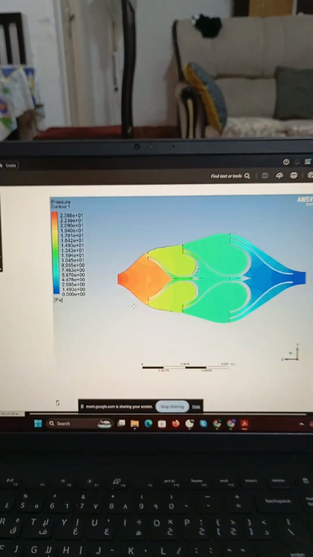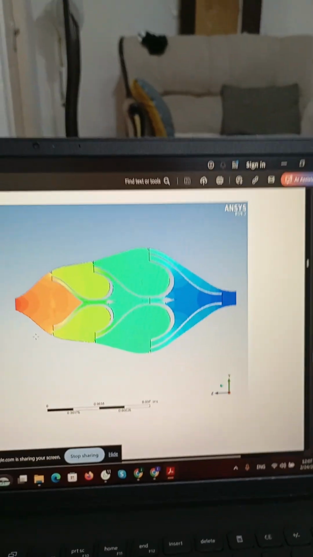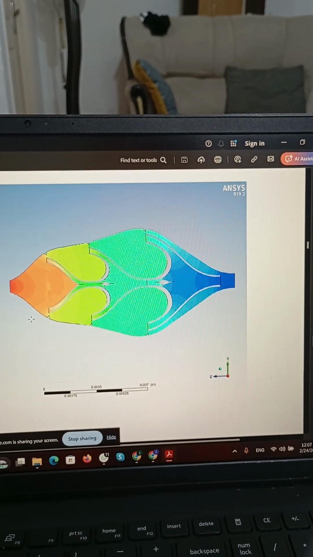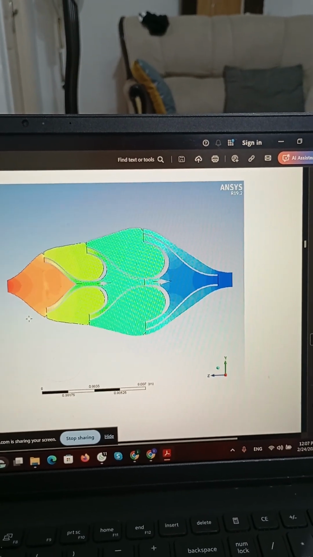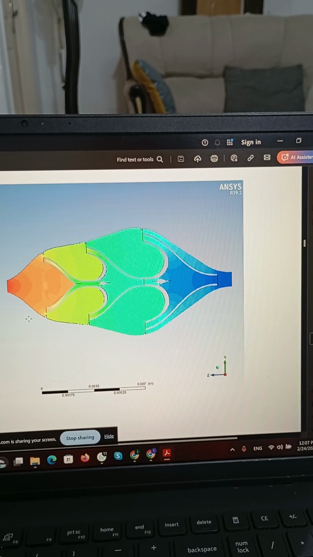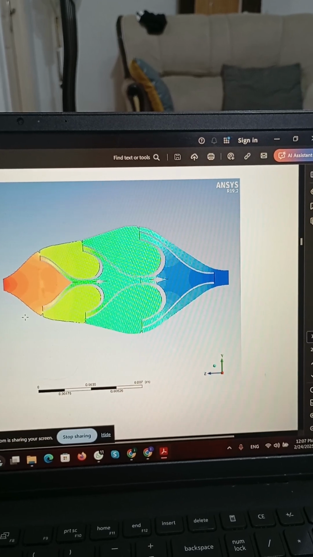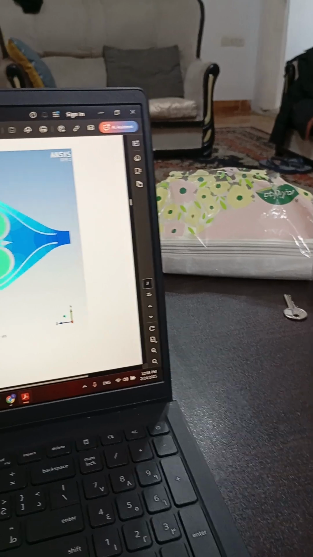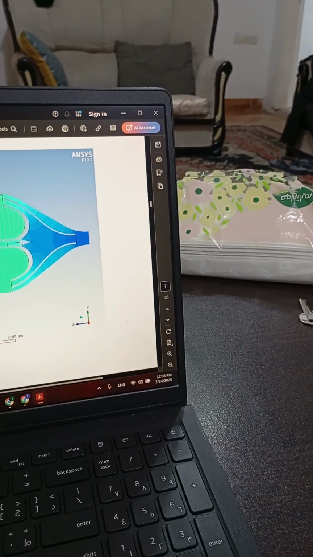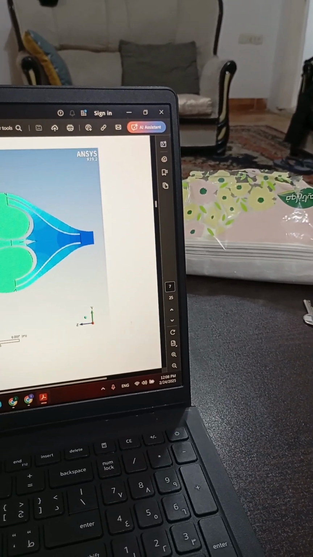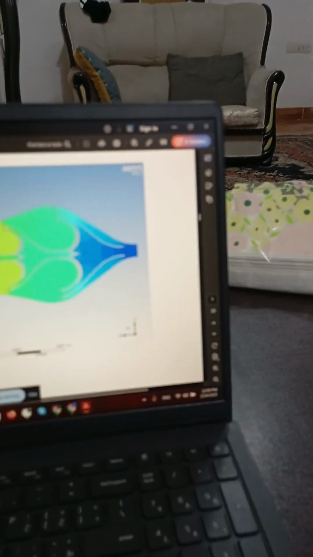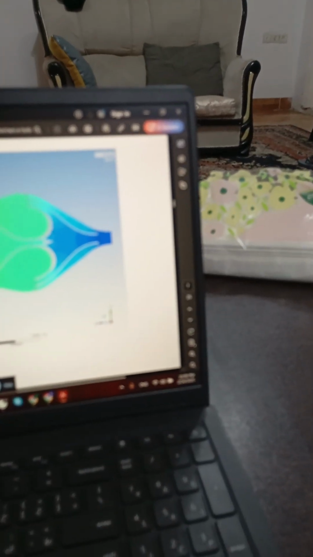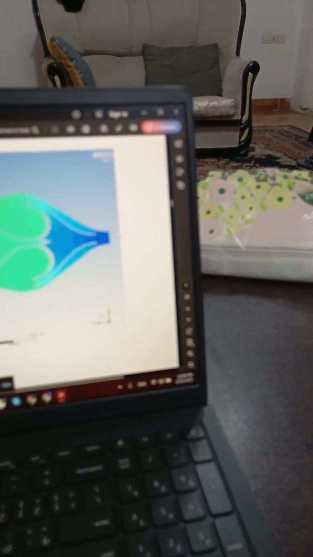Doctor, how much is the delta pressure for this contour? The delta pressure, you can check the difference between the pressure in the inlet from the left side and the outlet from the right side. The inlet you see is here. You see this number, doctor? Okay, I make it 2.33. Okay, doctor?